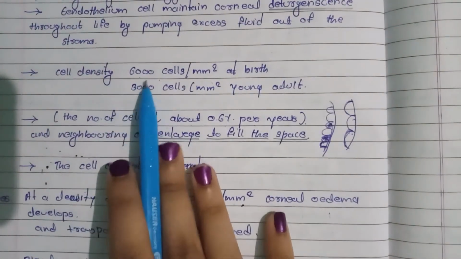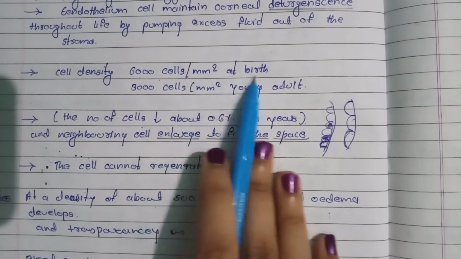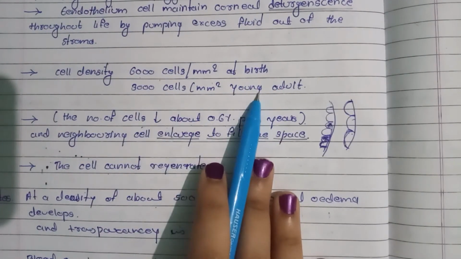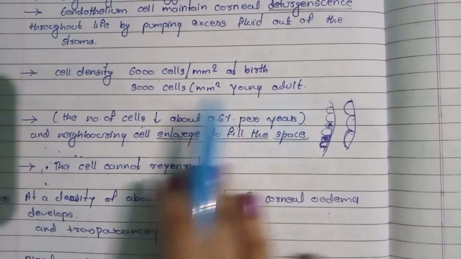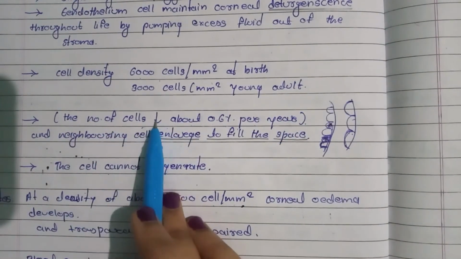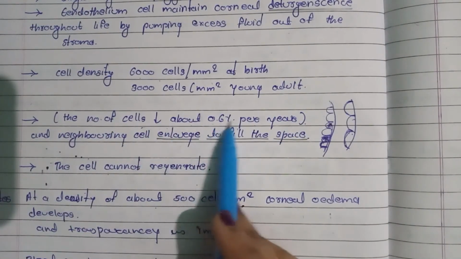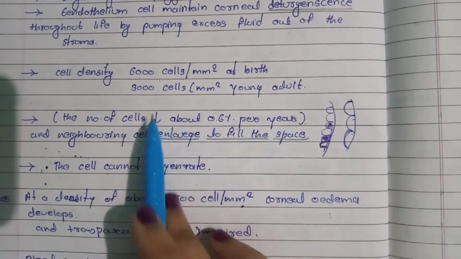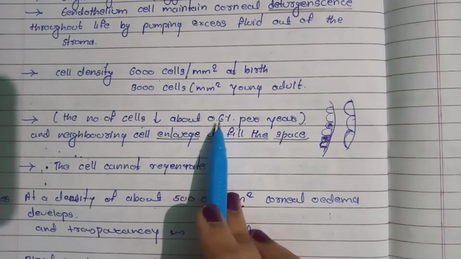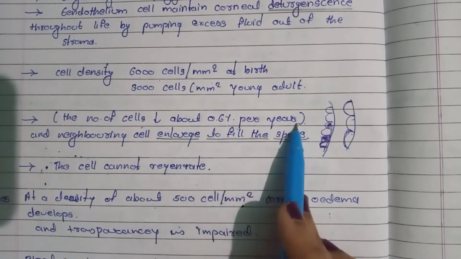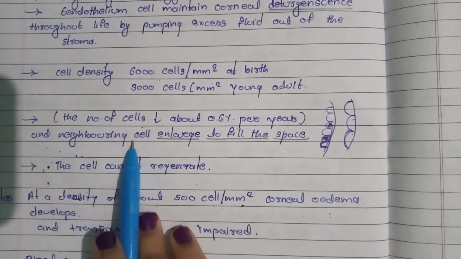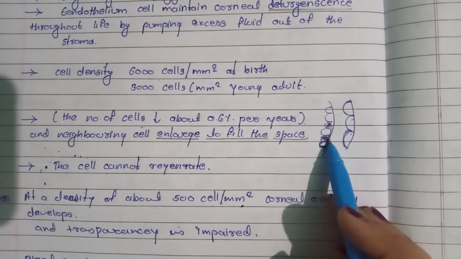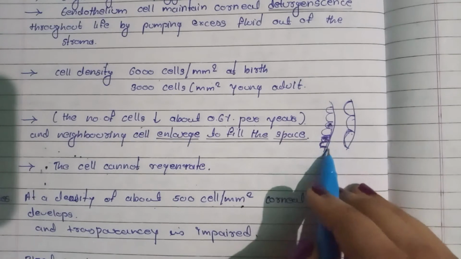Cell density is 6000 cells per mm square at birth and 3000 cells per mm square in young adults. The number of cells decreases about 0.6% per year. This is an important point. The number of cells decreases 0.6% per year and the neighboring cells enlarge to fill the space.